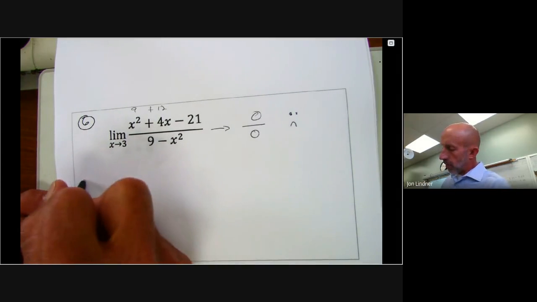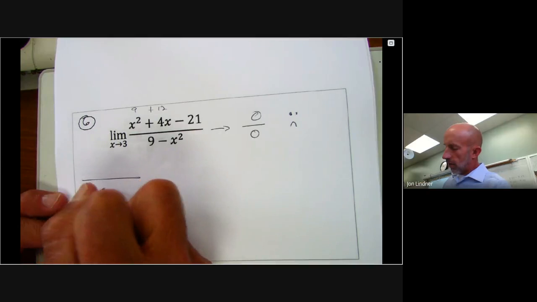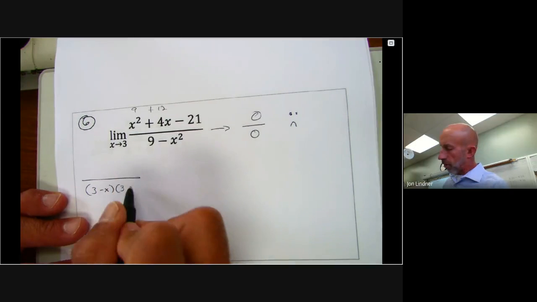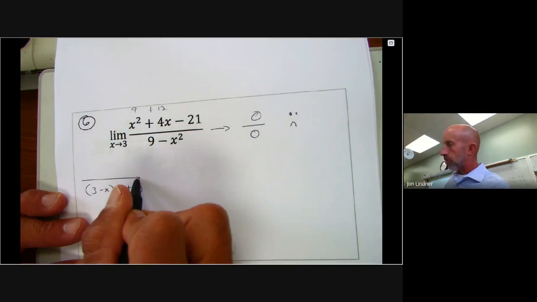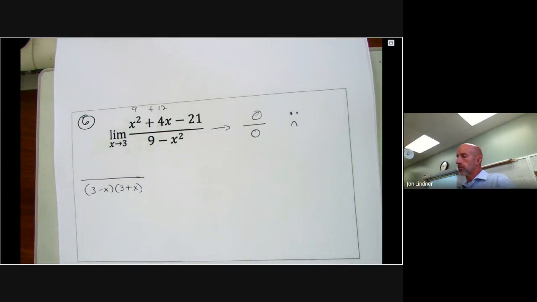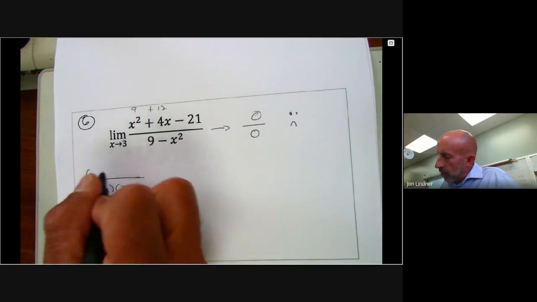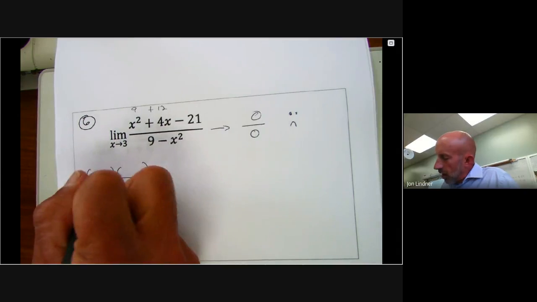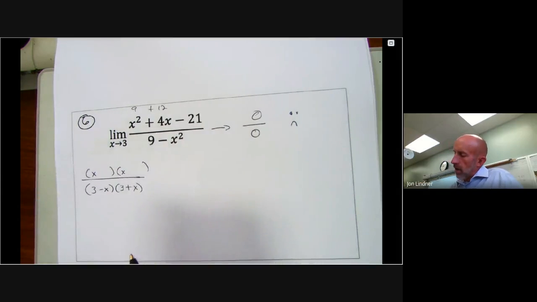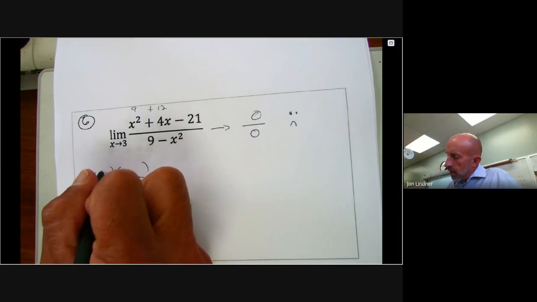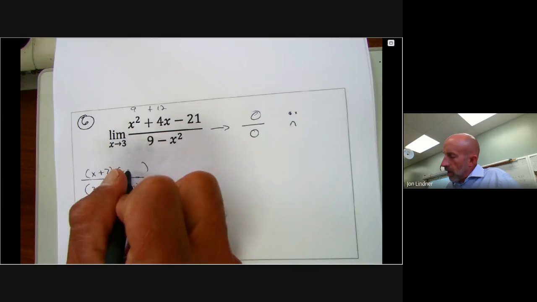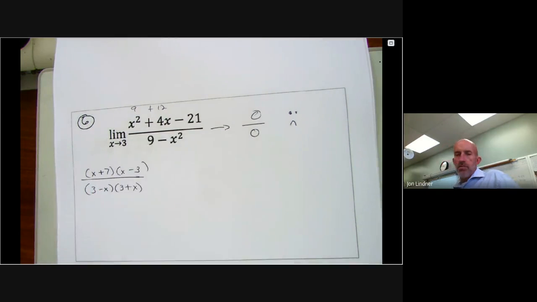On the bottom, I think you can see that is a difference of 2 squares. That will become 3 minus x times 3 plus x. On top, it would factor into x and x, and I believe it's going to be x plus 7 and x minus 3.